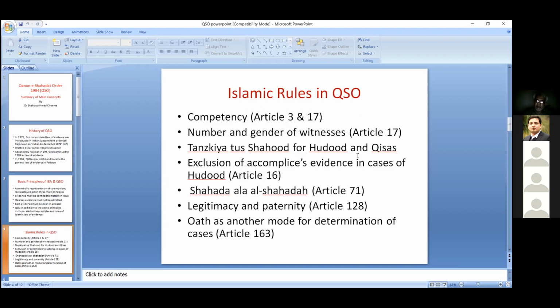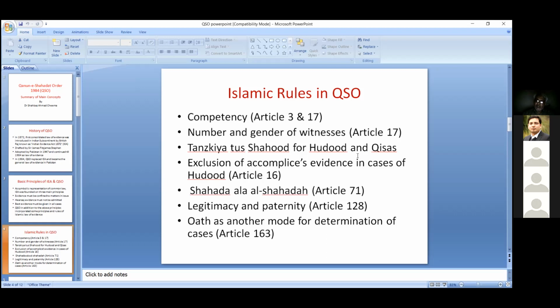Whenever there is a marriage and a child is born after 6 months of marriage, he will be attributed to the couple until the dissolution of marriage.